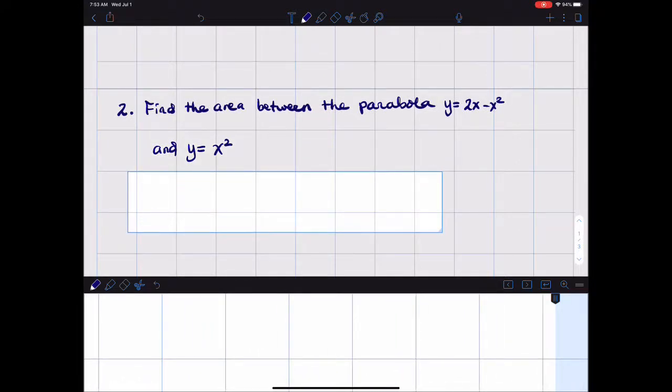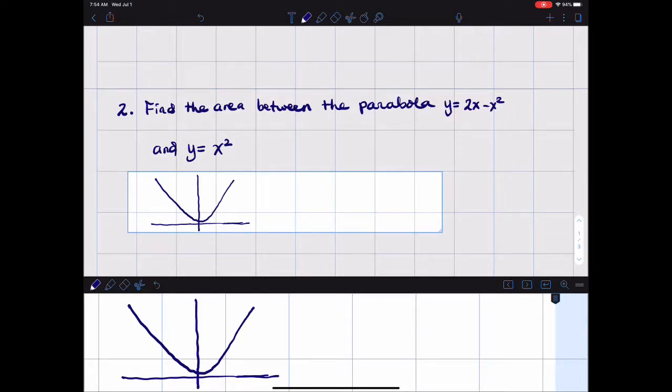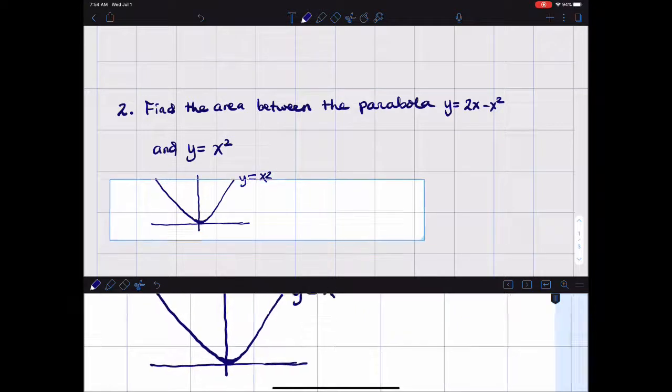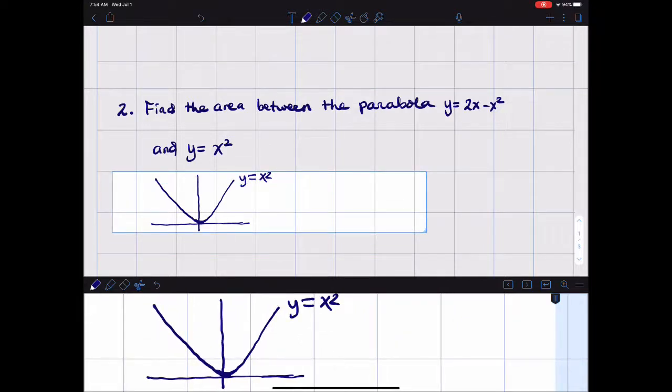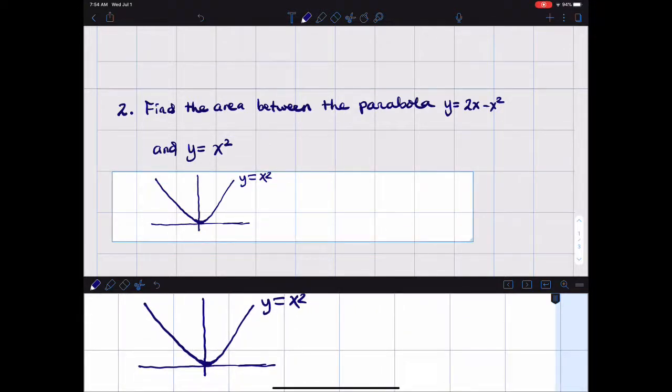This is what the graphs look like. So we begin with y equals x squared, which is easy. And then y equals 2x minus x squared looks like that.